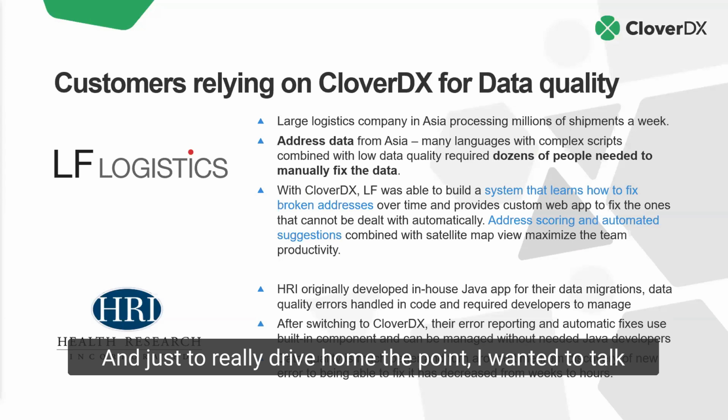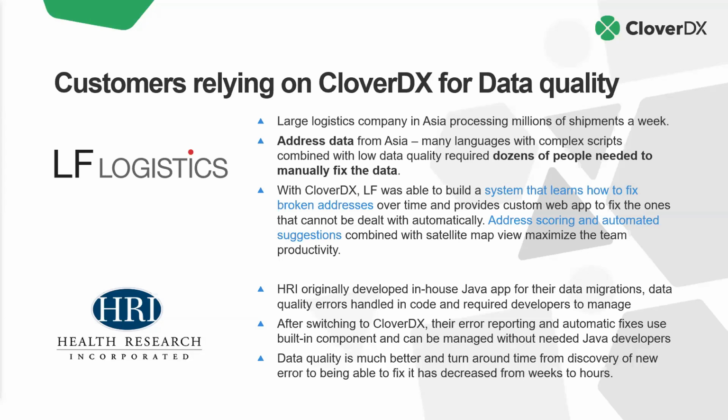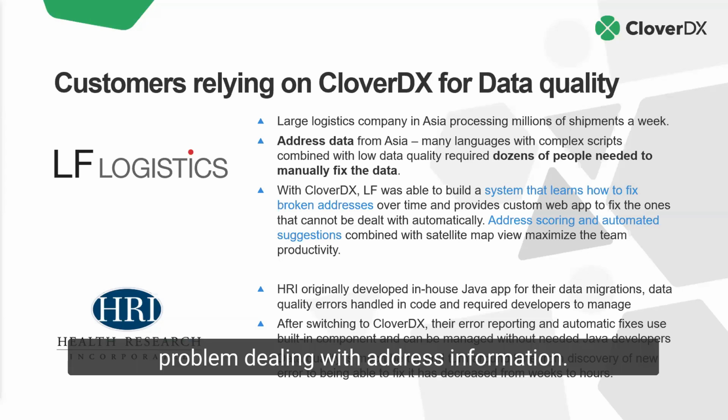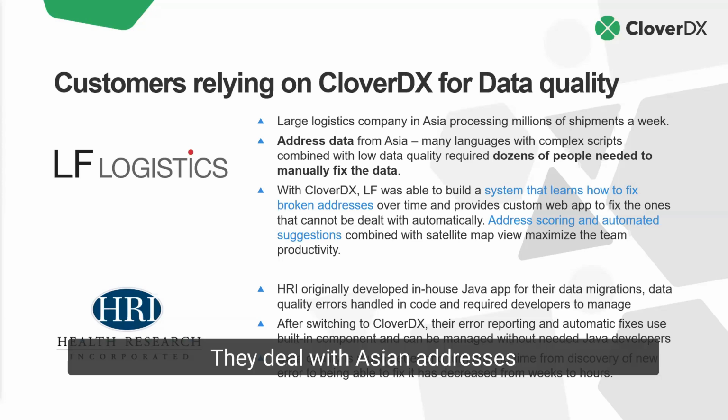And just to really drive home the point, I wanted to talk to you about a couple of use cases that we have. The first one is LF Logistics. They have a very specific problem dealing with address information. They deal with Asian addresses from various countries, right?